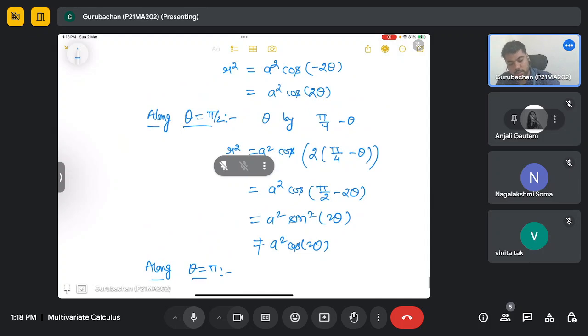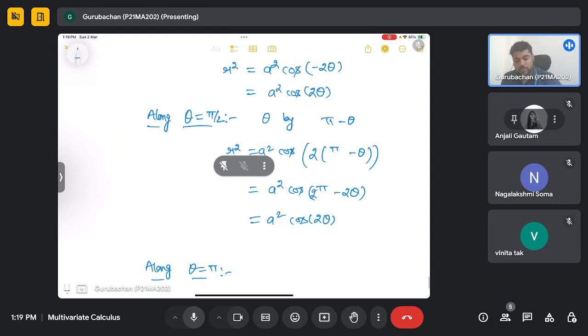Sorry, here we have one mistake. For theta equal to pi by 2, we have to replace theta by pi minus theta. So this will be 2 pi minus 2 theta, and this will again be cos 2 theta. So this is symmetric about theta equal to pi by 2.